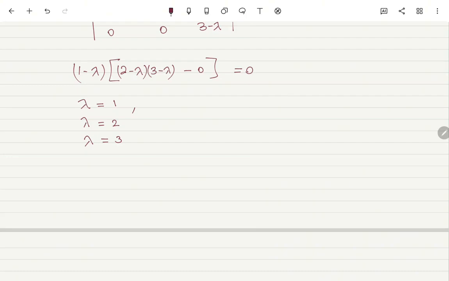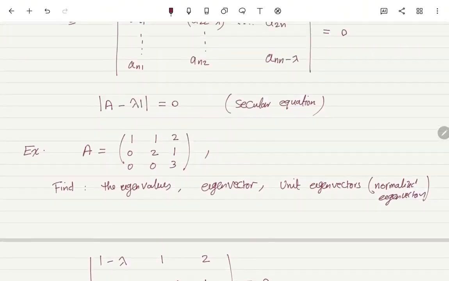Now, in order to find the eigenvectors corresponding to each one of these lambdas, let's start with lambda equal to 1. Now we need to find the eigenvectors related to this lambda.